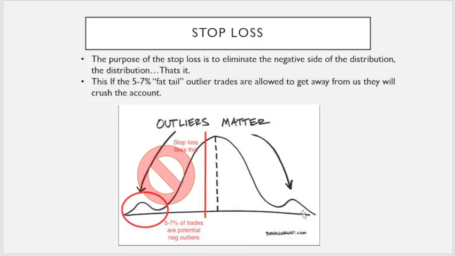A really rookie mistake is to get tied up in win-loss ratios. It's totally normal, but your brain is lying to you here. Most new traders want to be right all the time emotionally, and it's got nothing to do with anything. So if we look at this graph in front of you, if I had a stop loss right about there, and I'm using momentum to create edge, say a momentum or trend following strategy, I might have 60 out of 100 trades, or 60% of my trades, be losers, and only 40% of them be winners.